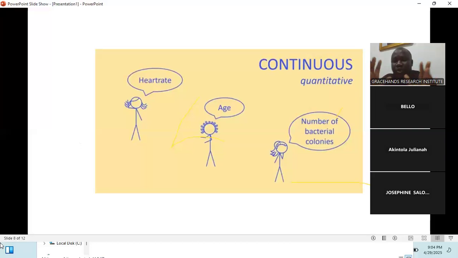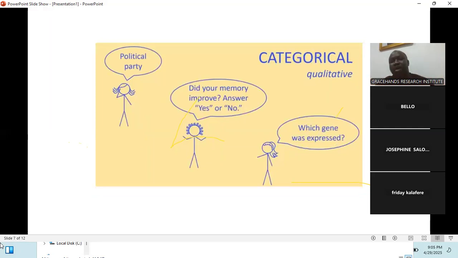I can put age in my questionnaire and say: age less than 20, option A; 20 to 25, option B; 26 to 30, option C; 31 to 35, option D. Once I do that for age, those are options A, B, C, D. That is categorical. I've categorically categorized age.